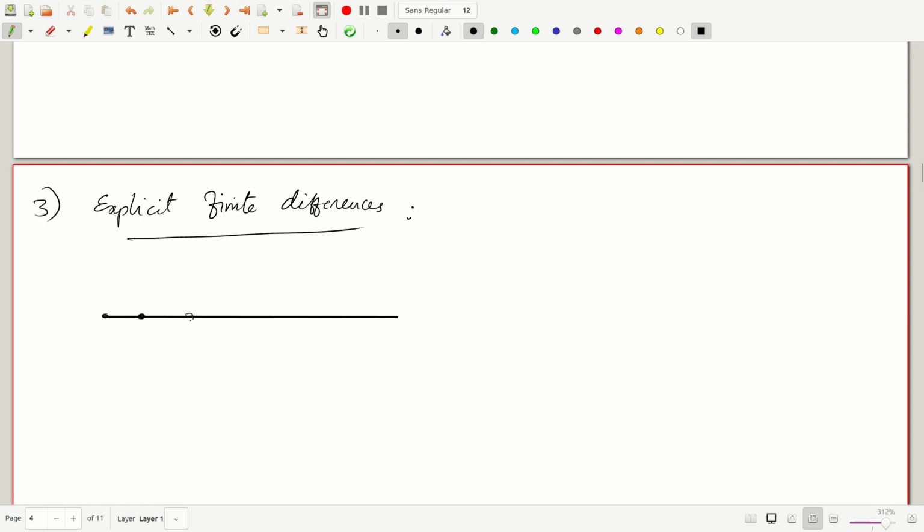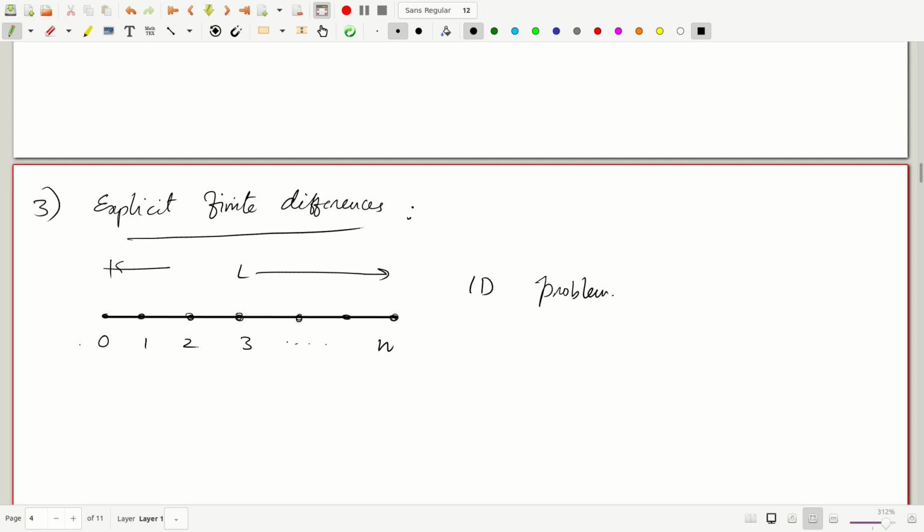Let's consider a 1D grid like this, with uniformly distributed points. If we number them starting from 0, 1, 2, 3 all the way to n, it has a length of L. So this is a 1D problem in which you have discretized your domain using several points.